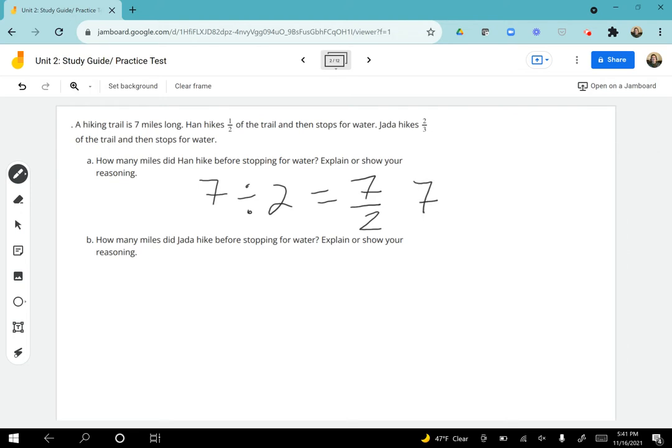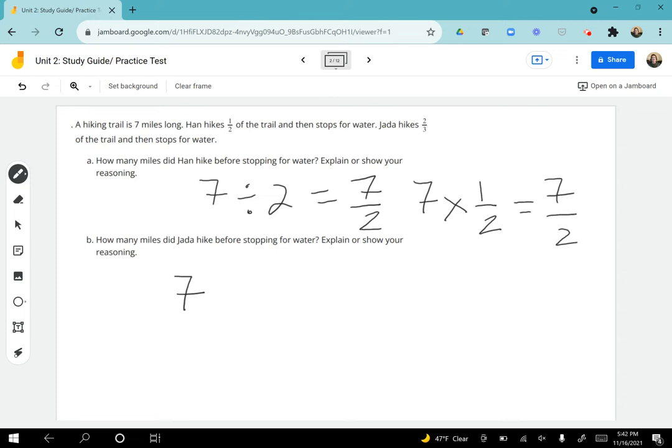Or we could think about this as a multiplication problem. So 1/2 of 7 would also give us 7/2 miles. Likewise for Jada, we are finding some portion of the 7 miles, 2/3 of it, in fact.